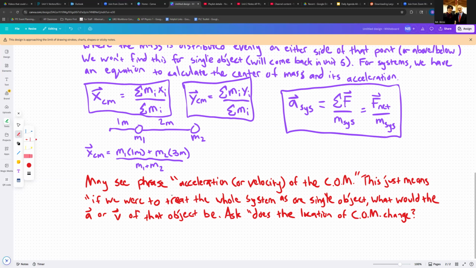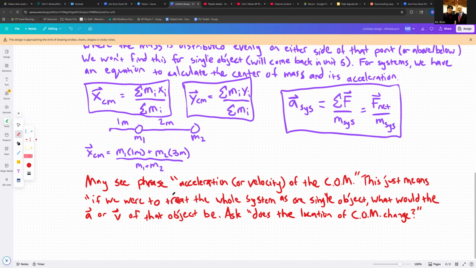Because if your location of the center of mass changes, and there are some problems, it's probably easiest just to look at AP problems with this because I could try to explain and do an example of it, but really there's a few problems where you just have to find the center of mass of a system and then look at whether that particular location changes. If it does, then the center of mass of your system has some velocity to it.